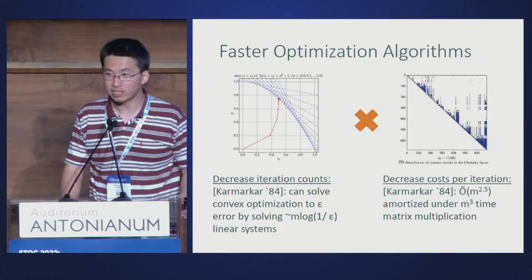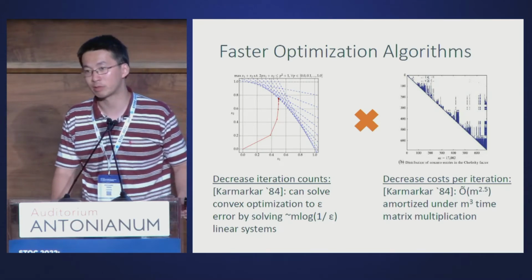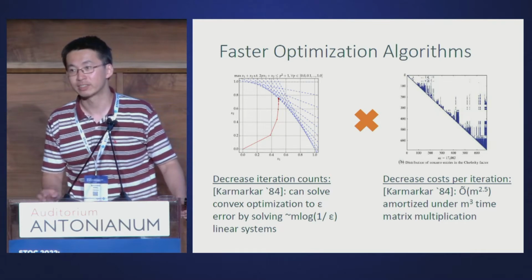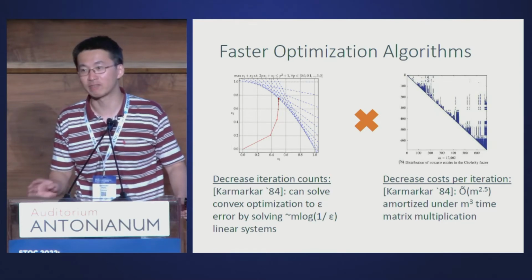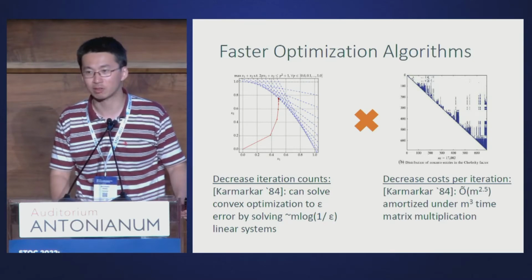And in the same paper, Karmarkar also showed that these are very slowly changing problems. He was working with n-cubed time matrix multiplication, because this slightly predates a lot of the developments in matrix multiplication at that time. I think when Karmarkar came out, omega was either 2.51 or 2.49, and then 2.37 came out a couple of years after that.